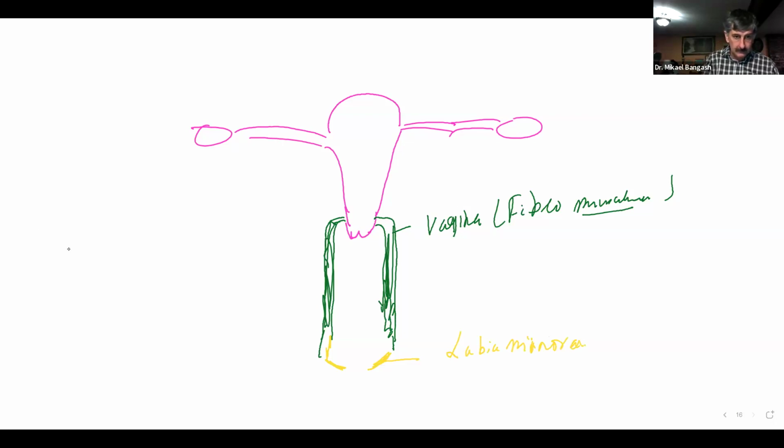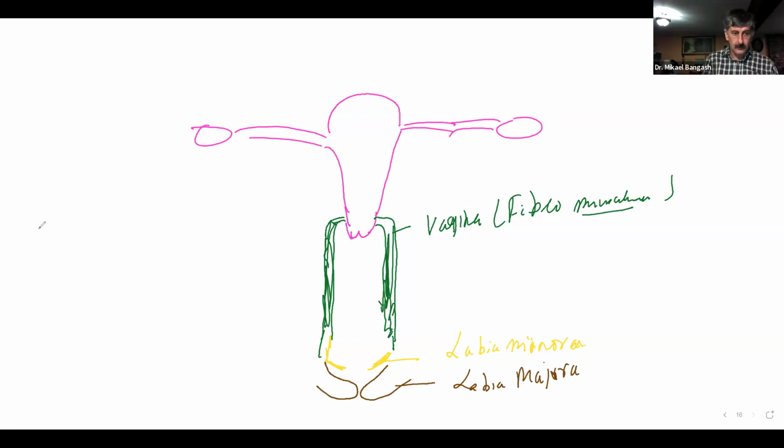Whereas the bigger ones are referred to as the labia majora. Which means they are not fused together.